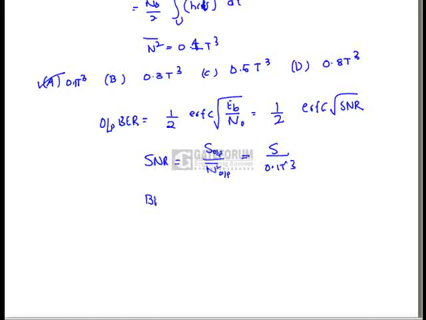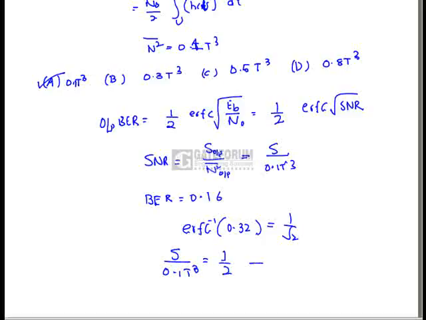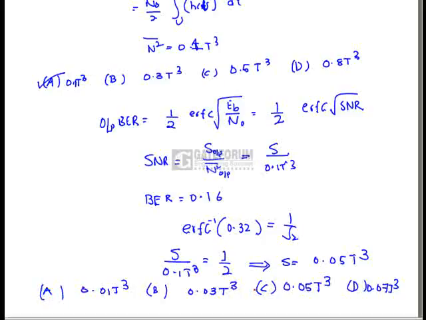We know bit error rate equals 0.16. From this, the complementary error function argument equals 1 by root 2, so S by 0.1 t cube equals 1 by 2. S equals 0.05 t cube. Regarding part B, option C is true.